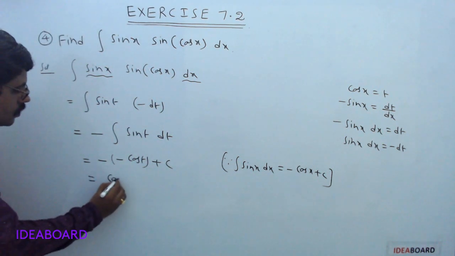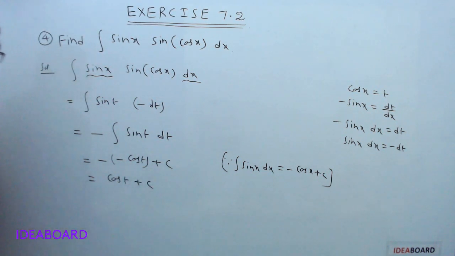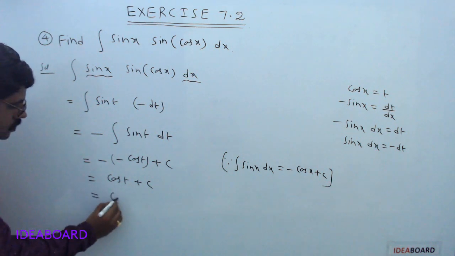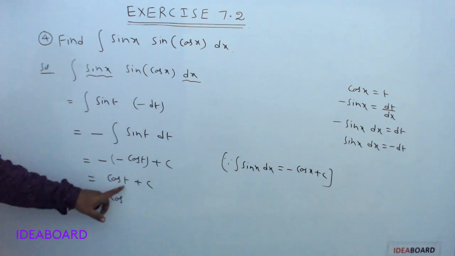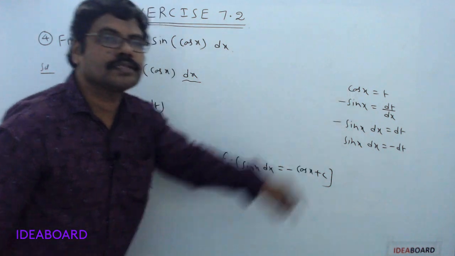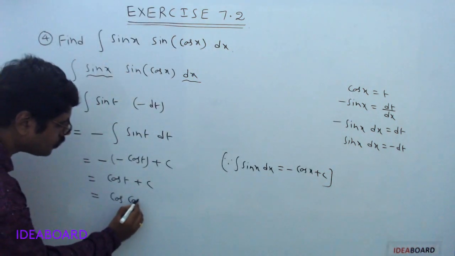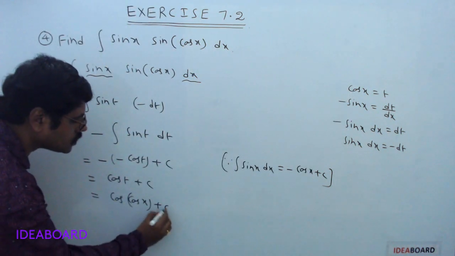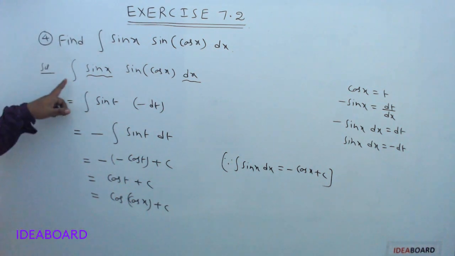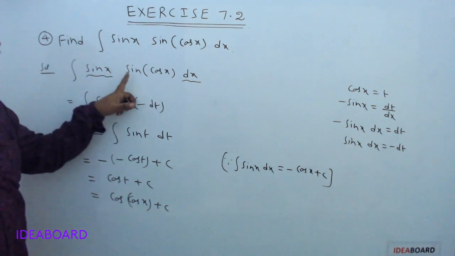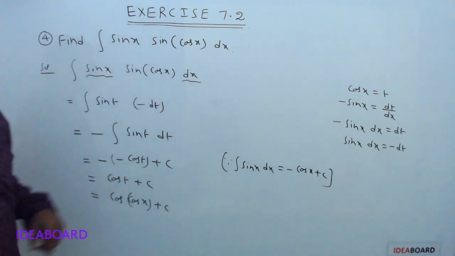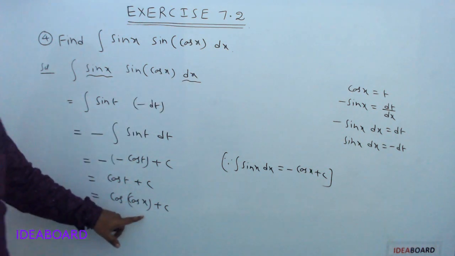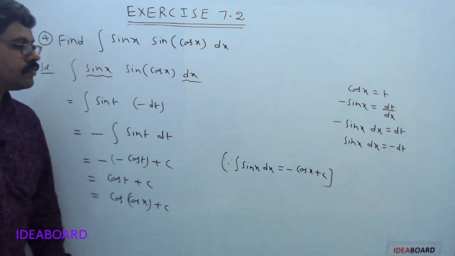Now this equals cos t plus c. Now replace t with cos x, so cos of cos x plus c. So therefore integral sin x into sin of cos x dx value is cos of cos x plus c.